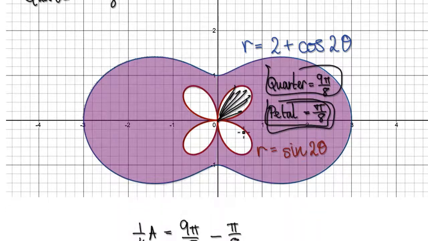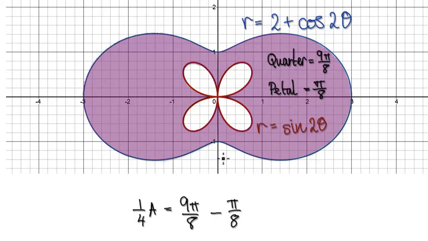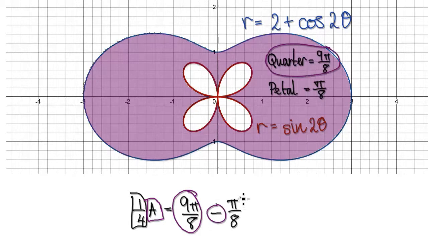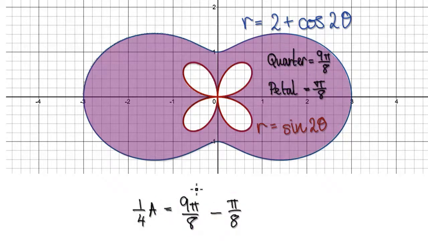So a quarter of our intended area is given to us by this thing here, take away the area of one petal. That will then give us a quarter of our intended area.